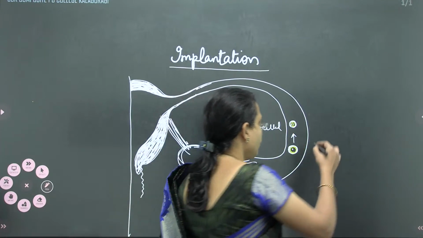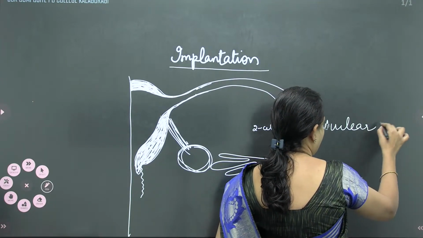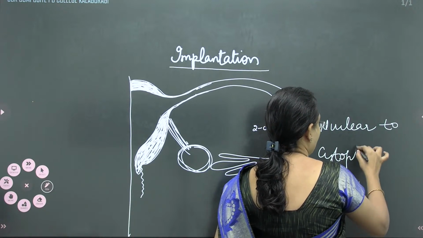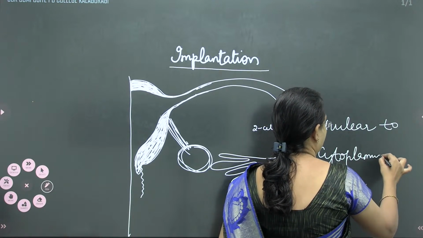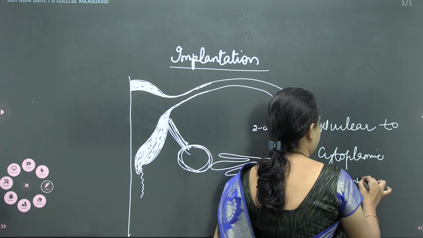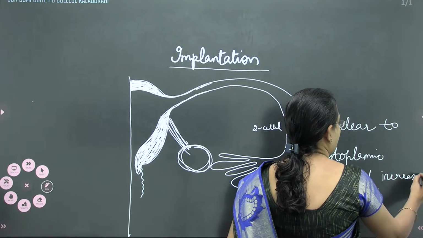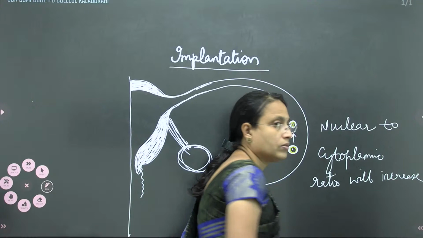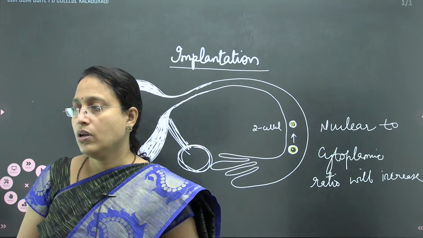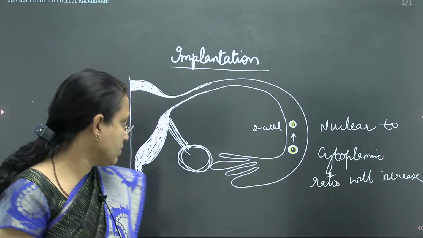Therefore comes the term: the nuclear to cytoplasmic ratio is going to increase. This is also the nature of cleavage divisions.